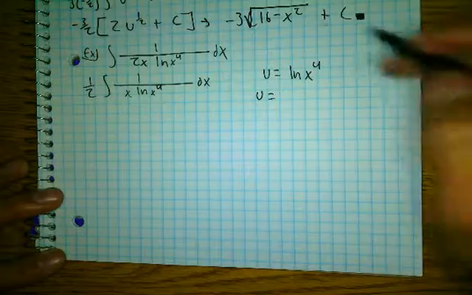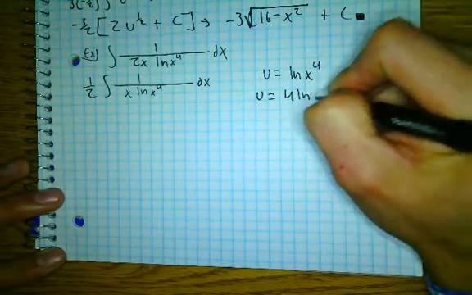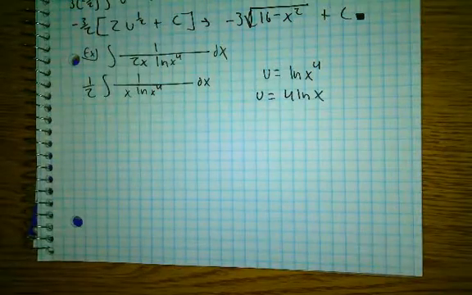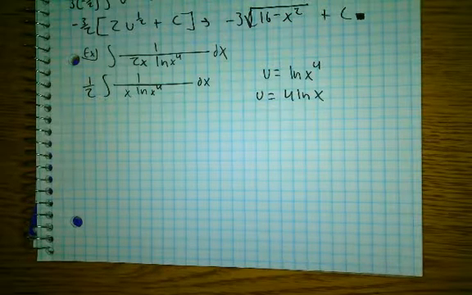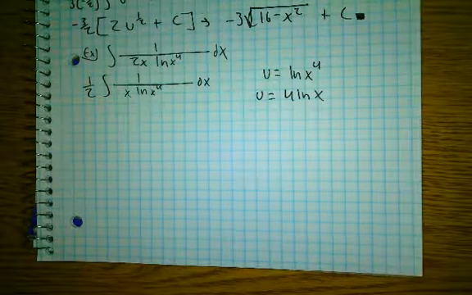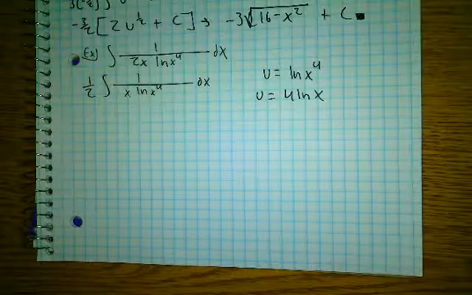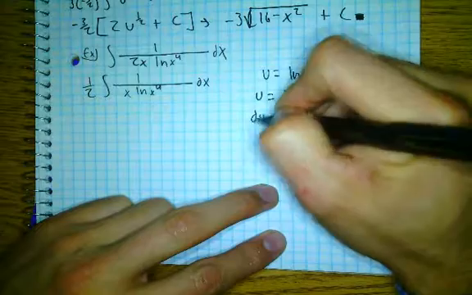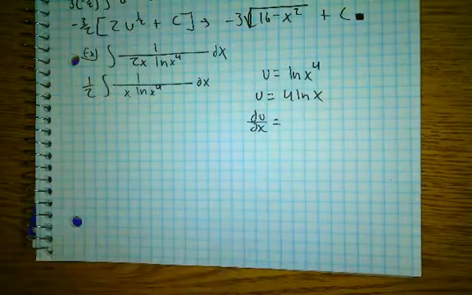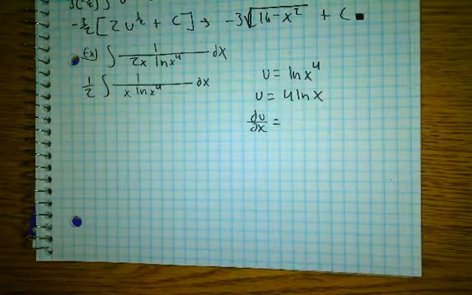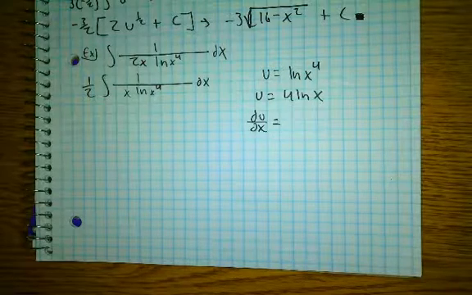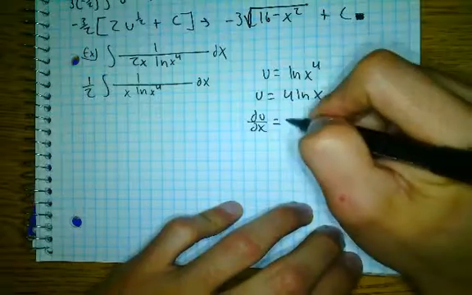Well, why would I want to do that? Because it would make differentiation a lot easier, right? What is the derivative of u in terms of x, of 4 natural log x? Well, this becomes a product rule, right? 4 times the derivative of natural log of x, which is 1 over x, plus ln x times the derivative of 4, which is 0.